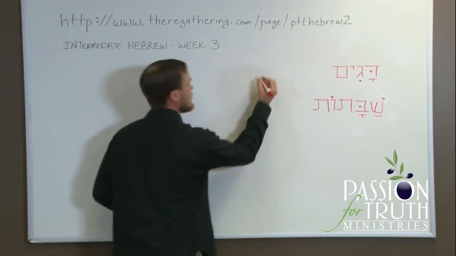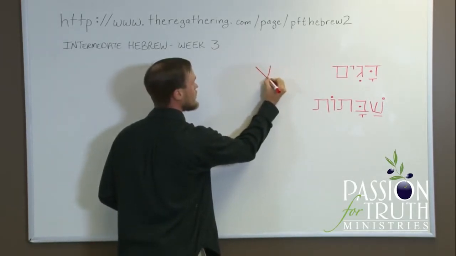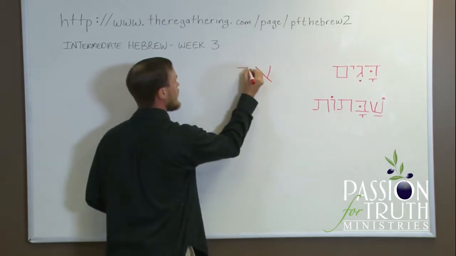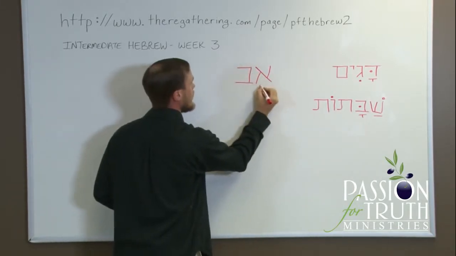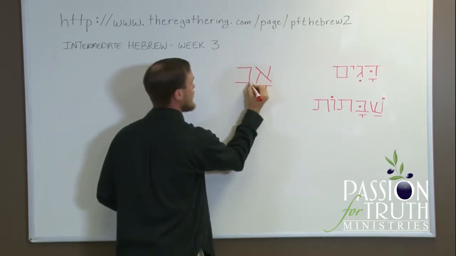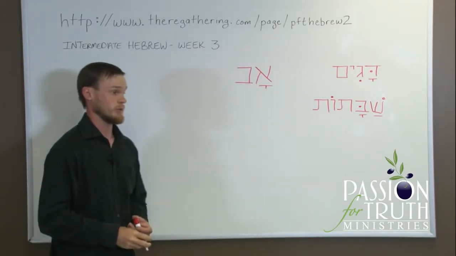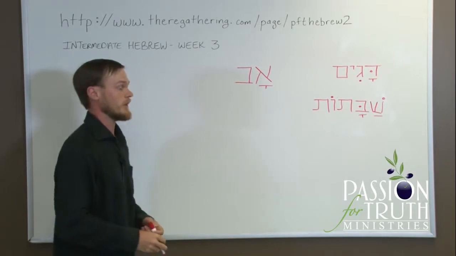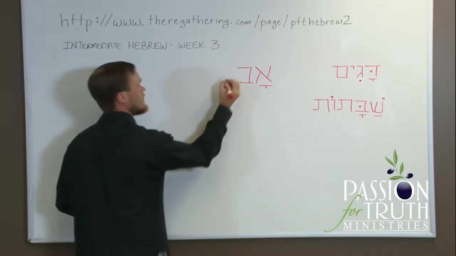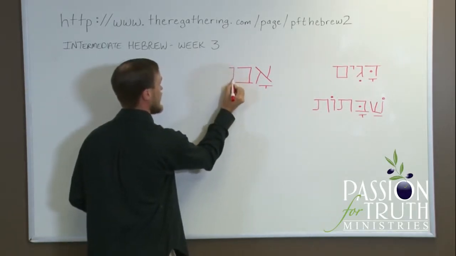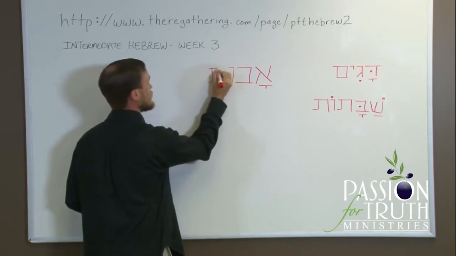The first word we learned was av, which means father. And av is a masculine noun, and we would think that the plural would be avim, but it is in fact irregular. So av, when it's made plural, fathers, becomes avot.